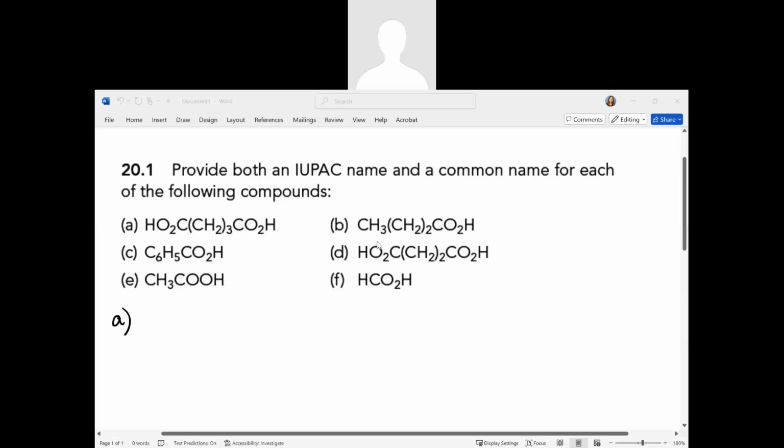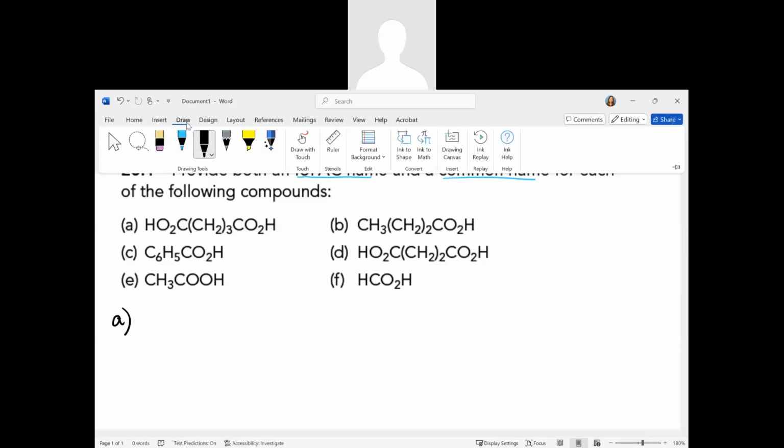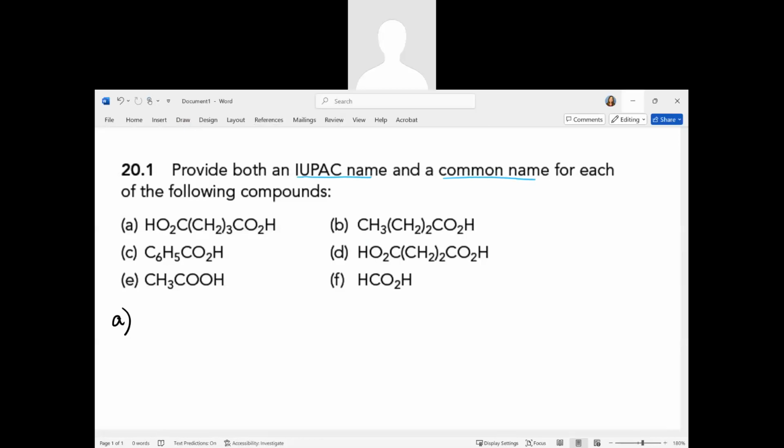For problem 1 from chapter 20, we're asked to give both the IUPAC names and the common name for each of these compounds. I find the easiest way to accomplish this is to draw out the structure from the bond line or from the molecular formula given. We see here that we have two carboxylic acid functional groups, and then in the middle we have three CH2 groups.